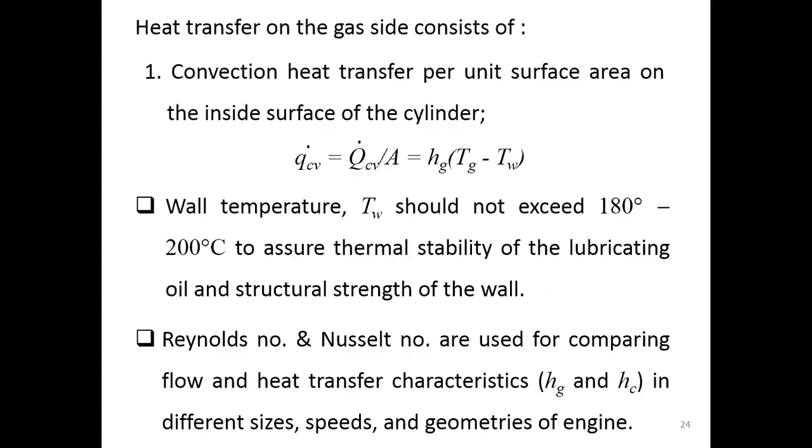So only the temperature of the wall in here. Okay, so this wall temperature should not exceed 180 to 200 degrees Celsius. Why do we have to keep this wall temperature within this range? Because we want to make sure that our wall has thermal stability.